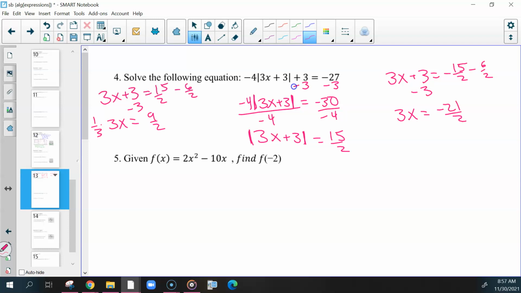These would still cancel, but dividing this by 3 would be the same thing as multiplying this by 1/3.